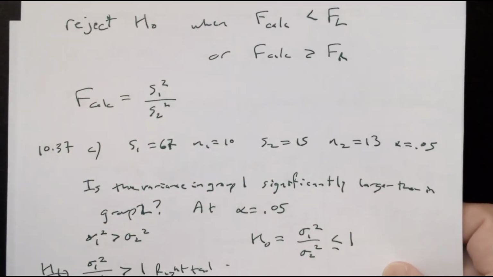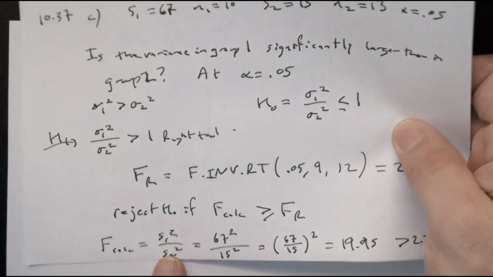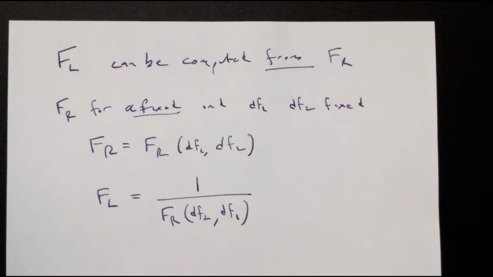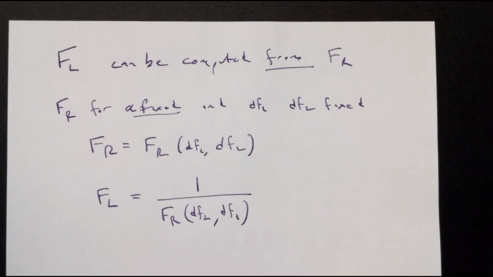Because we did sigma 1 over sigma 2, and we did S1 over S2. So really, switching that fraction is where the flip comes from. That's why I get a 1 over here. But it is possible to always do a right tail test.